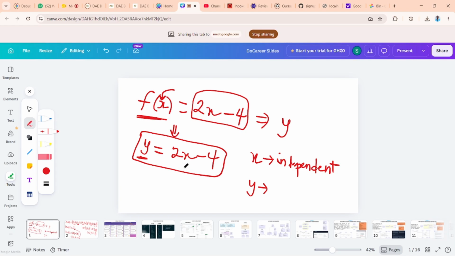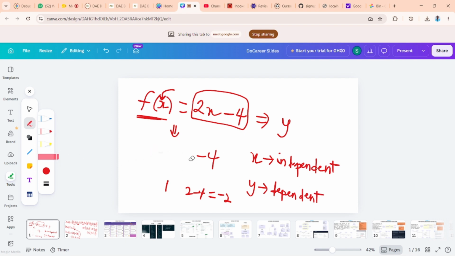So y is equal to 2x minus 4. When x is equal to 1, that will be 2 minus 4, which will be negative 2. That's why we say that before you can get the value of y, we need to know x. So we call it the dependent variable, depending on the independent variable x. All right. So that's just a basic introduction of functions again.